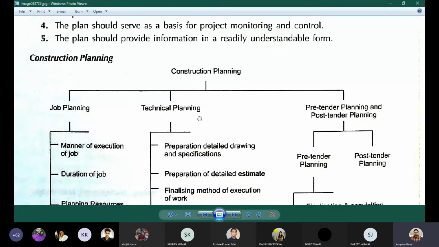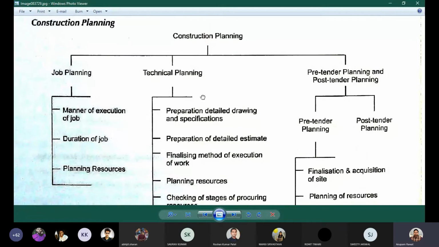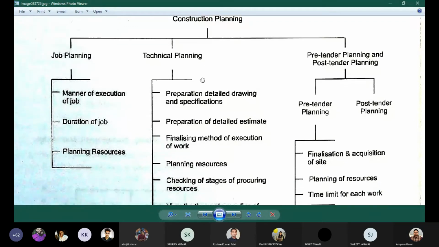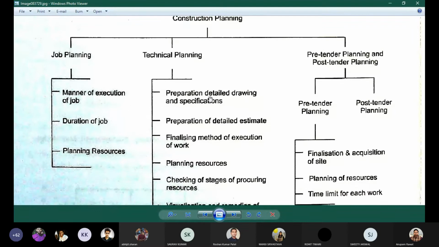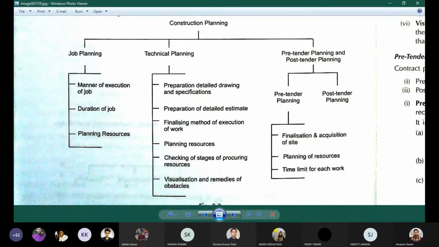If we see what are the different activities in the construction planning, we can see this chart. In the construction planning, there are three major parts: first is the job planning, second is the technical planning, and third is the pre-tender planning and post-tender planning.